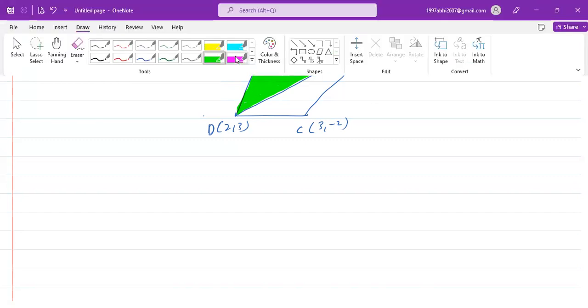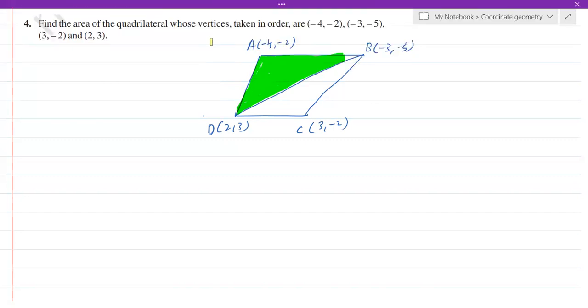Similarly, you can find the area of the other triangle, which I am shading in yellow color. So find the area of the triangle in yellow and the area of the triangle in green, using the area of the triangle formula.